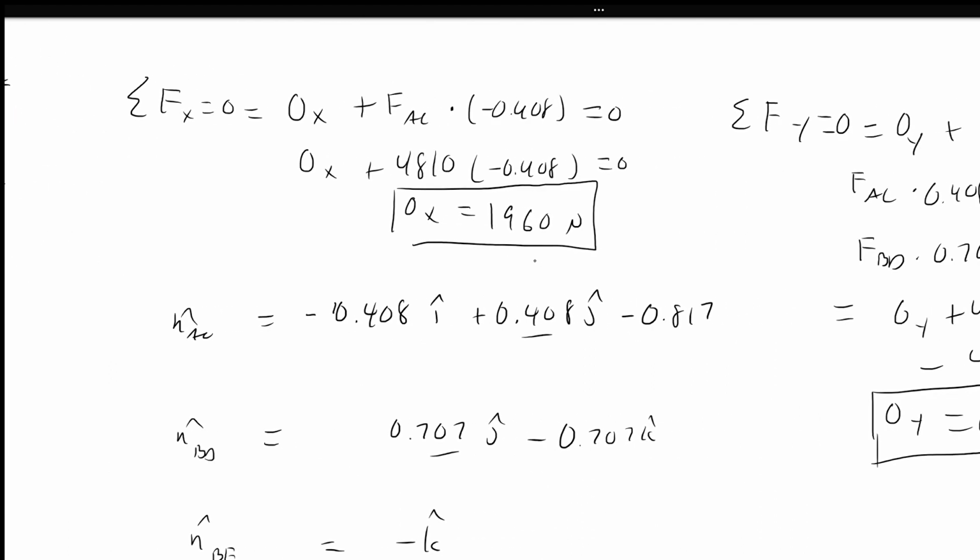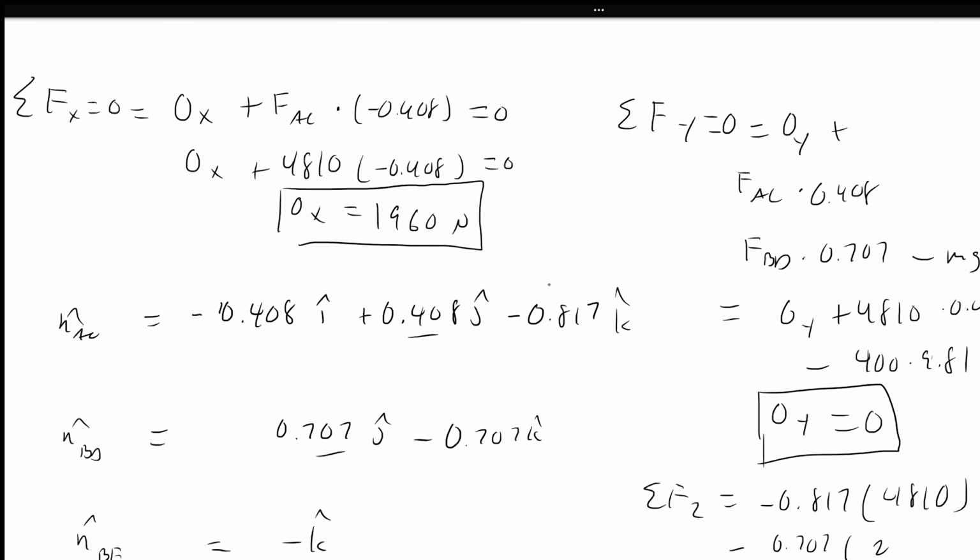And it is the sum of F_z. And that'll be minus 0.817 times, what are you? I can't think anymore. 4810. And then minus 0.707 times, what is the 2870? Alright, one more.